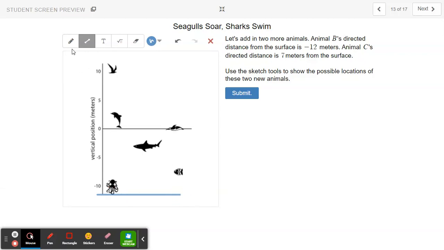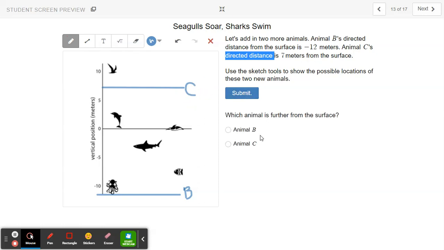I'm going to say that that's going to be B because it's below. And this one says C's directed distance is 7 meters from the surface. Because it's saying directed, that's really just telling us it's got to be above because there's no negative sign to show it's below. So we're looking at something like around here for C.